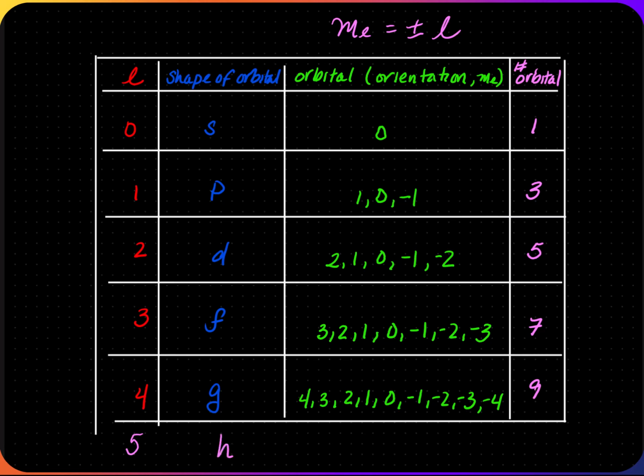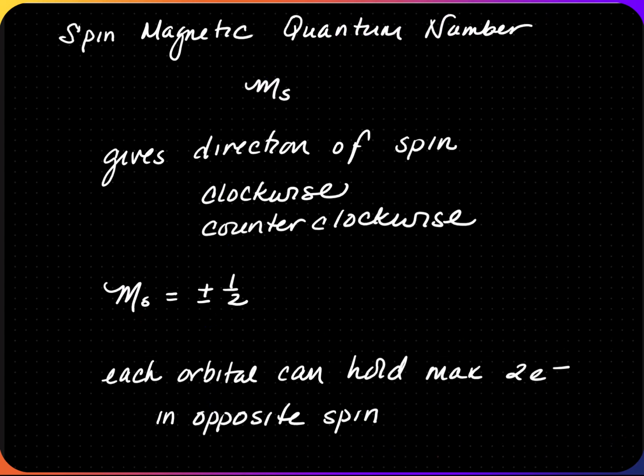So this is going to be H. So this is going to be plus or minus 5, 4, 3, 2, 1, 0, minus 1, minus 2, minus 3, minus 4, minus 5, and so forth. And so there are 11. If you notice, the number of orbitals increases by every odd number. The last of the quantum numbers is called the spin magnetic quantum number, M subscript S.